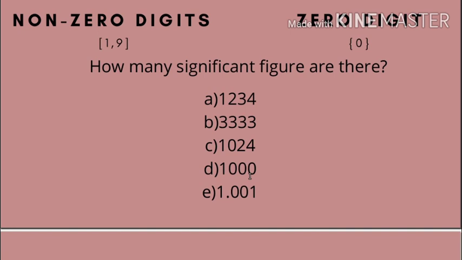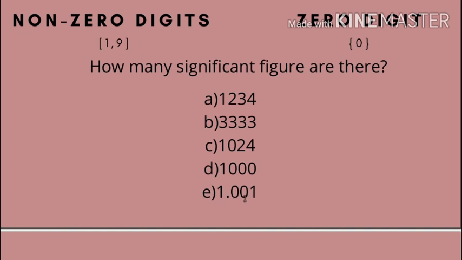Now what about this? D. 1 0 0. This has only one significant figure. Soon I will make you understand about this, because these zeros are trailing zeros, means ending zeros, and ending zeros do not count as significant figure. Understand? Now what about the last one, 1.001.